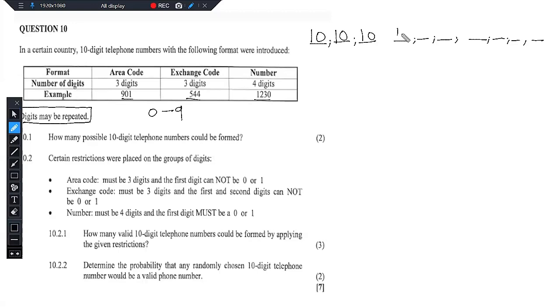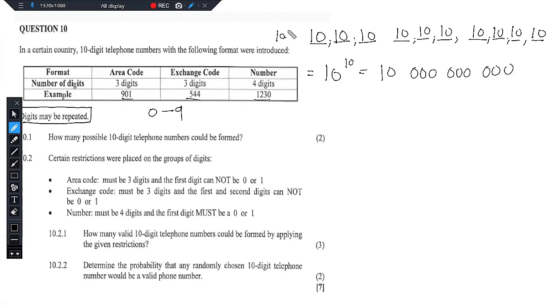So the sample space will not be affected because you can simply repeat a digit. Picking 1 does not mean you cannot choose it again. So you can have a telephone number that is just 1111111111. The number of possible 10-digit telephone numbers that can be formed is 10 to the exponent of 10, which can be written as 10 billion.